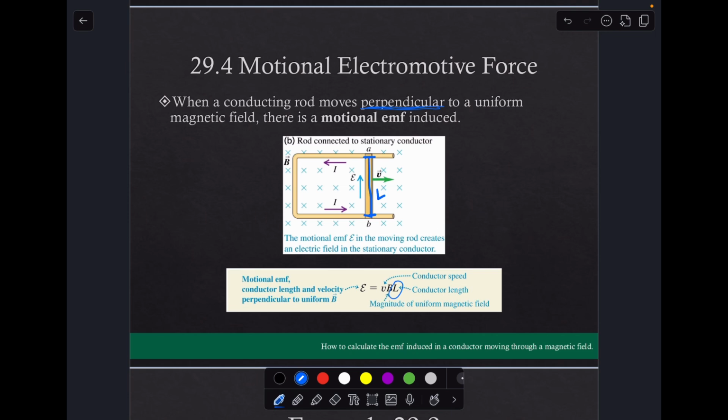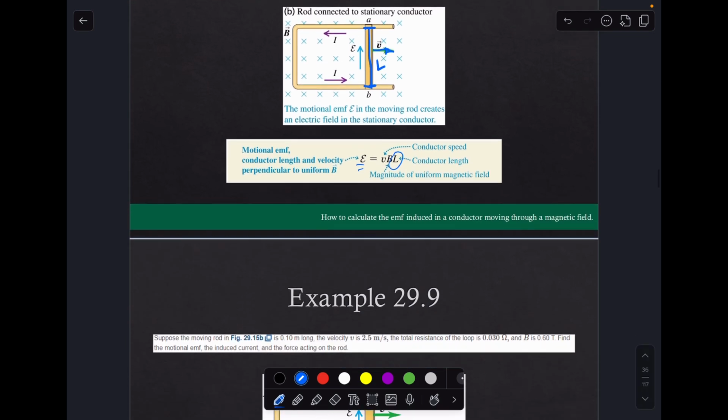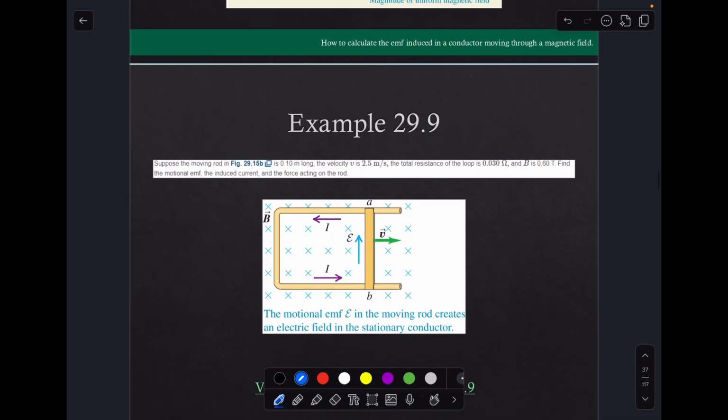And it's the length that is perpendicular to the velocity and also perpendicular to the field. And so this L here is a variable that if it changes, if it increases or decreases, that's going to affect the velocity, the voltage and the current flowing through that circuit. Okay, that's an important concept.